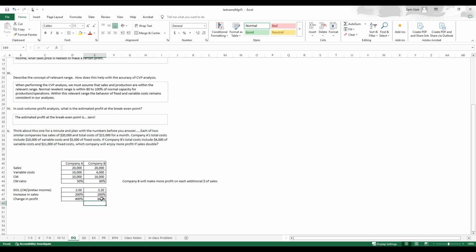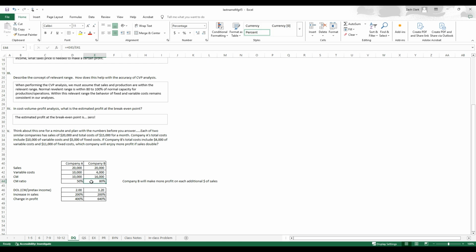And for company B, it'll go up 640% in profit using our contribution margin ratio and our degree of leverage calculation. Company B will enjoy a much larger increase in profit based on the increase in sales.